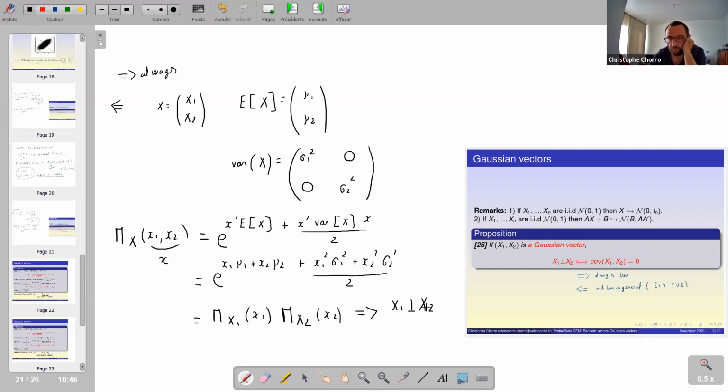So it is natural to use this point of view to prove my result, because I have seen in Proposition 25 that I have a nice expression for the moment generating function of a Gaussian vector, and I know there is an interesting relation between independence and moment generating function of pairs. That is what I use.